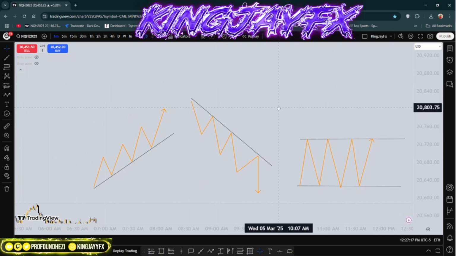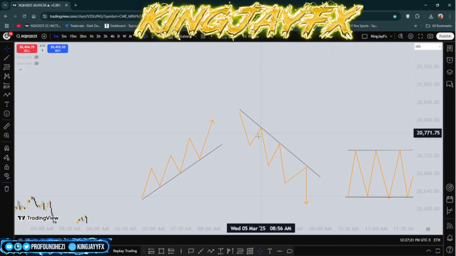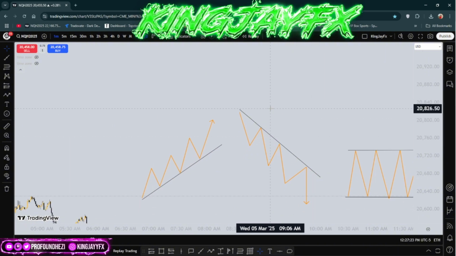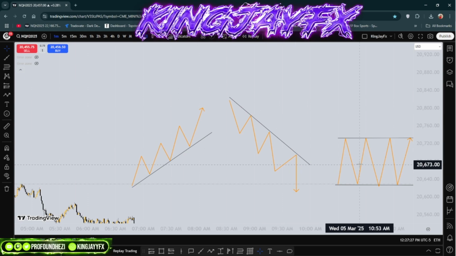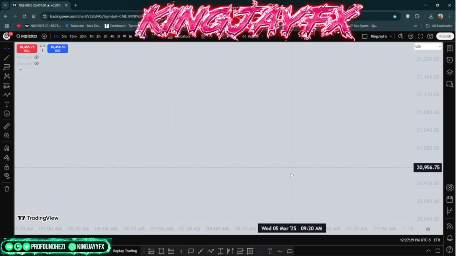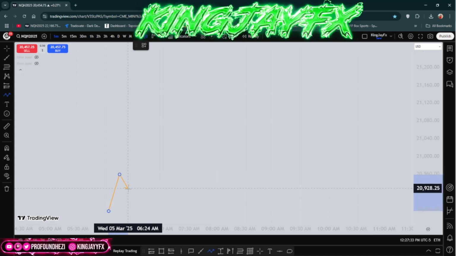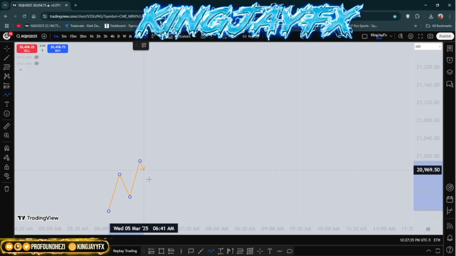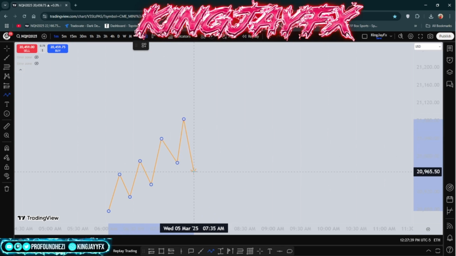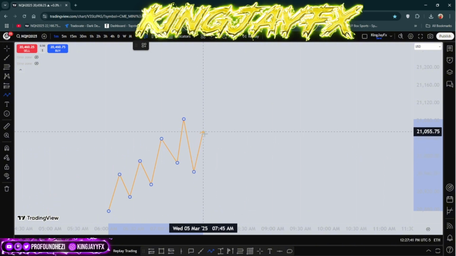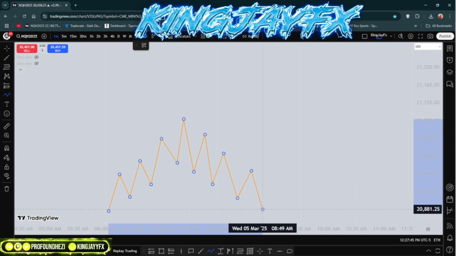Once we have identified an uptrend, downtrend, and consolidation, we want to be able to identify when price changes structure. So now this is structure here. How price changes structure is: we go from a high, higher low, higher high, higher low, higher high, higher low, higher high, then lower low, lower high, lower low, lower high, lower low, lower high, lower low.